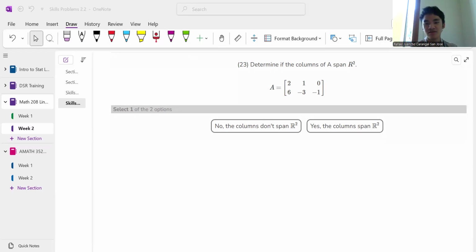We could check if they are linearly independent, but we didn't really discuss that yet, so I'm not going to use that idea. Actually, I'll just ask AI to not use linear independence.